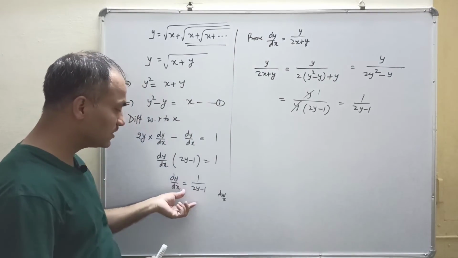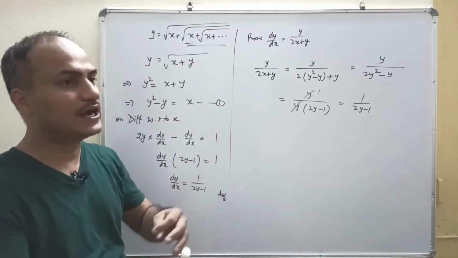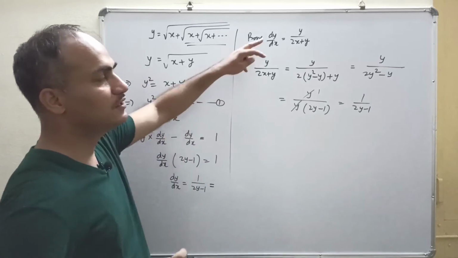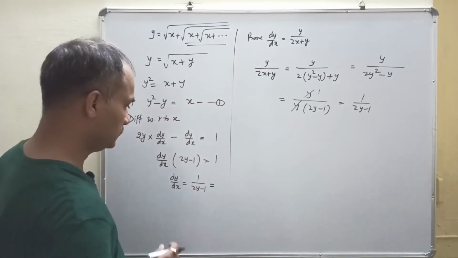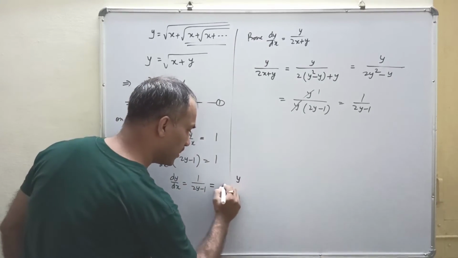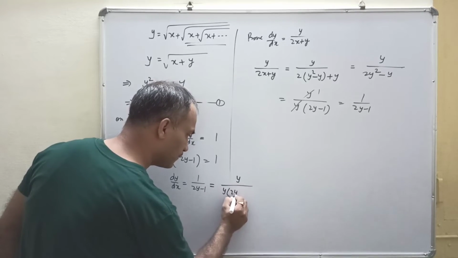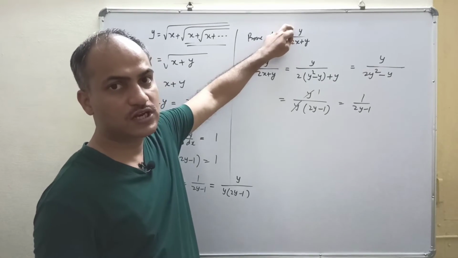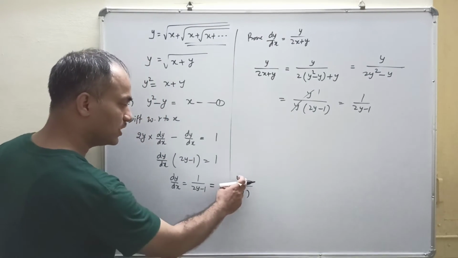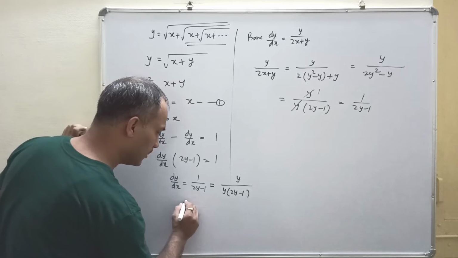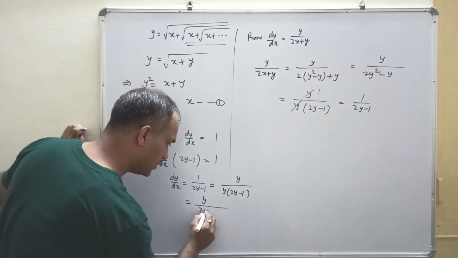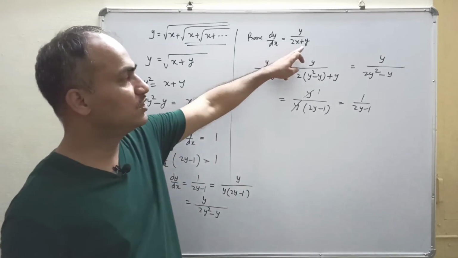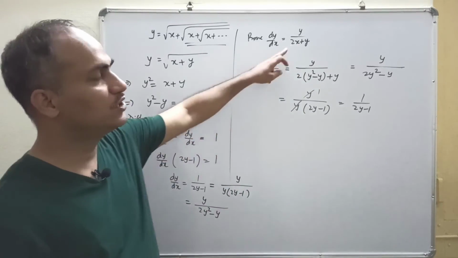You are perhaps thinking that from here we should get this form. So let us see, if we continue from here, how can we get to this term? Here we simply have to multiply numerator and denominator by y. Why? Because y was there in the numerator. Now we have in the denominator 2y square minus y. Here we do not require the minus y, and we do not require y square either.